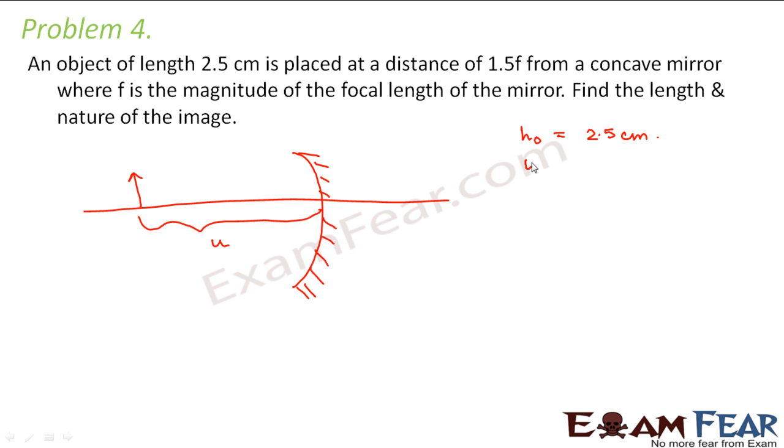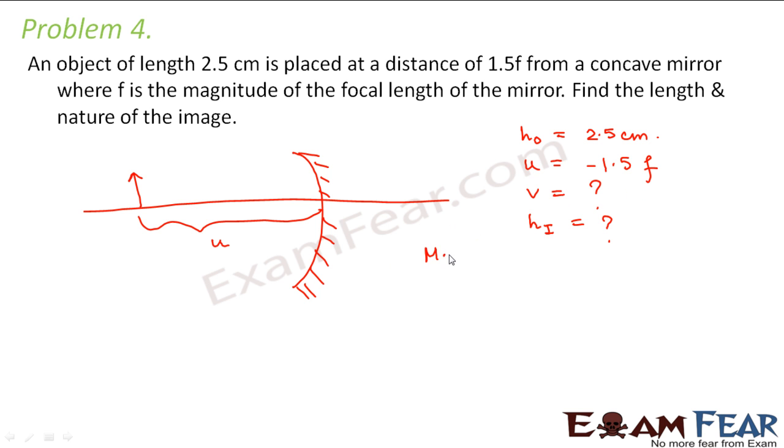So this distance is the object distance, which is given as 1.5 f, and this will be negative considering the sign convention, where f is the magnitude of the focal length. So it is asking us to calculate the length and nature of the image. So we have to calculate v, and also we have to calculate the height of the image, because it is asking about the length of the image as well as the nature of the image.